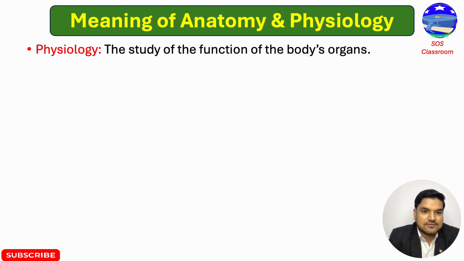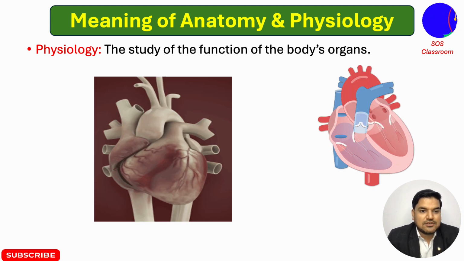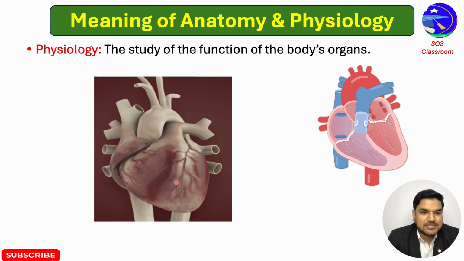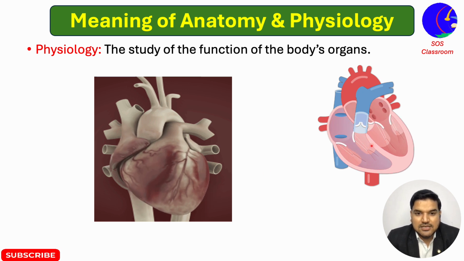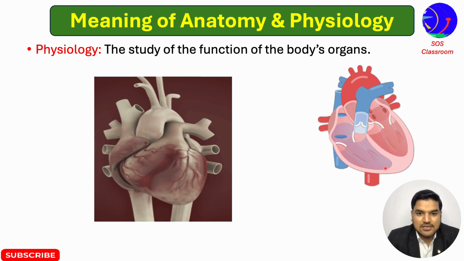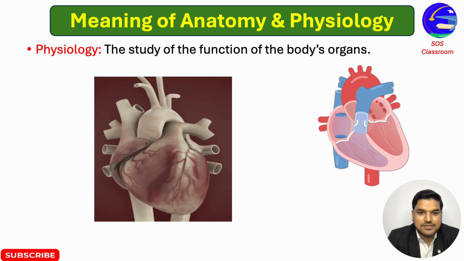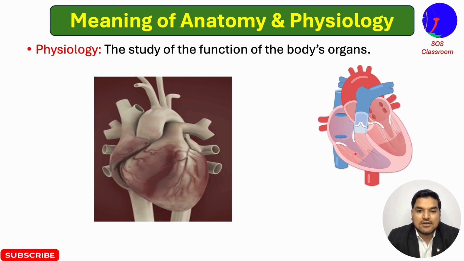Next is physiology. Physiology means the function of the body parts. The structural study is already completed, then how it works in your body comes under physiology. For example, the same heart. This is a function of the heart. Now it is beating 72 beats per minute. You can see it is filling and emptying, filling and emptying. This is the function of the heart.